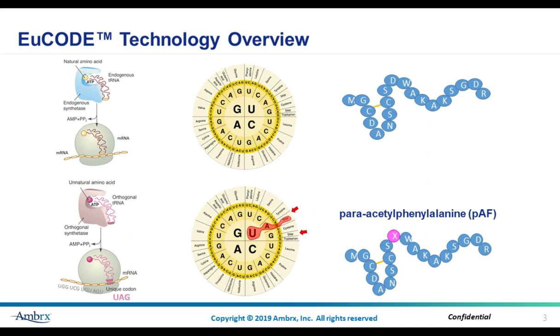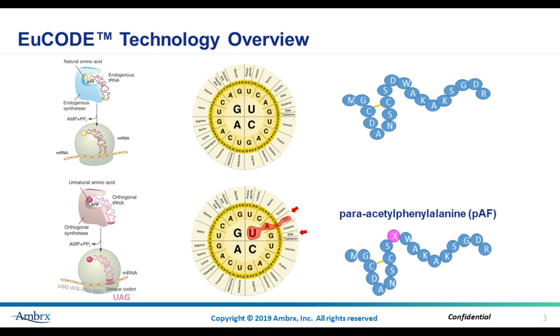At Ambrx, we engineered our own orthogonal tRNA and RS pair into the cell lines to synthesize a protein consisting of a non-natural amino acid at any site that can be used in conjugation without being interfered with by the other 20 amino acids. The non-natural amino acid we're using is called pAF, which is also called the 21st amino acid.